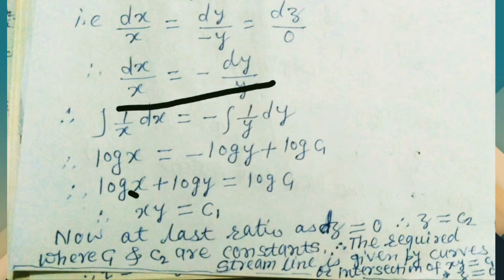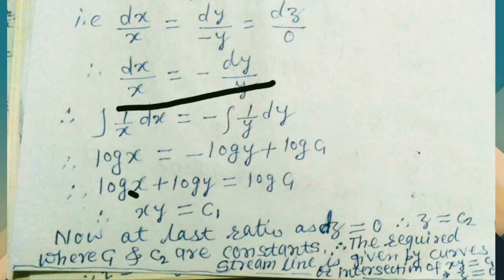By the logarithmic rules, this will be log x plus log y, which is equal to log c1. So log x plus log y is log xy, and it is equal to log c1. So c1 is equal to xy.